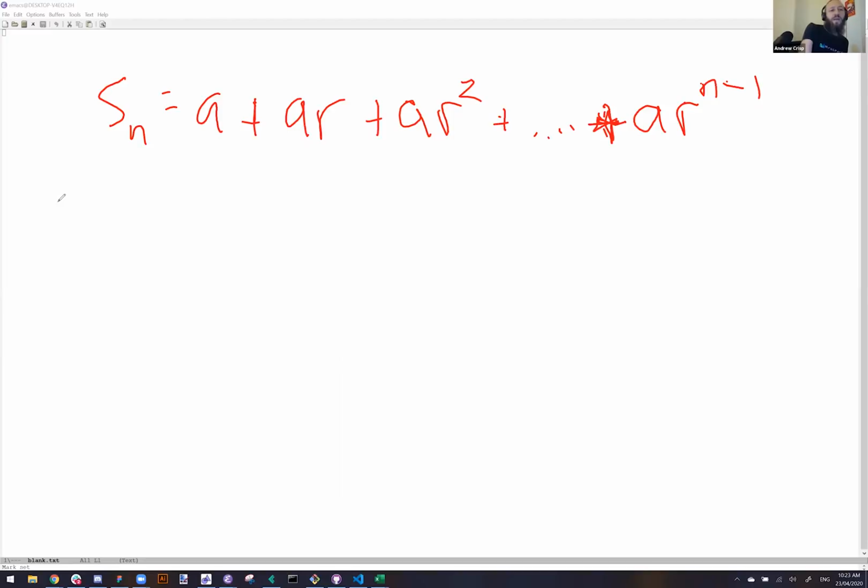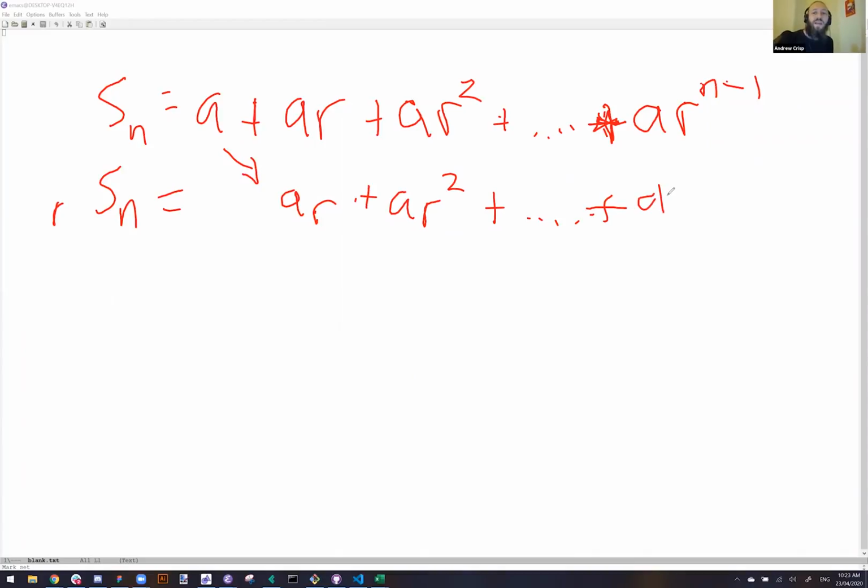Now, if I multiply all of this by r, I'm going to shift it over 1. So I'm going to write this as AR plus AR squared plus, and coming from the AR to the n minus 2, I'm going to get AR to the n minus 1.